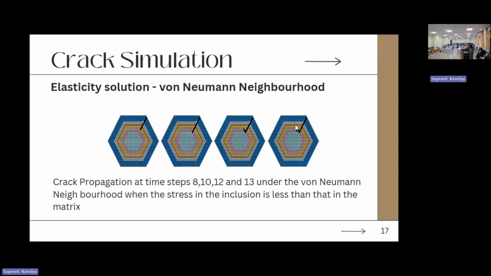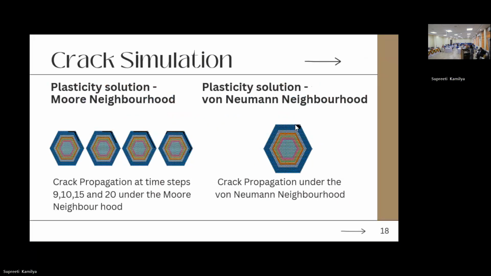And this is the elasticity solution when the stress in the inclusion is less than that in the matrix. We are seeing that the crack is getting obstructed at a particular path. It's not moving around when we are considering the Von Neumann neighborhood. This is the plasticity solution for both Moore and Von Neumann neighborhoods.